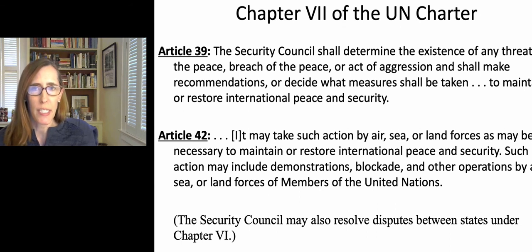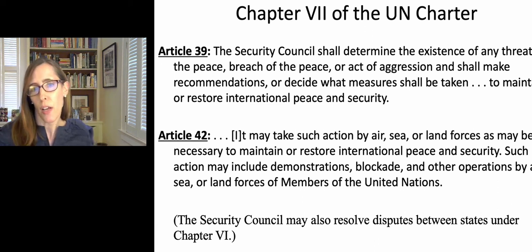So under Chapter 7 of the UN Charter, the Security Council has the power to determine the existence of a threat to the peace and to take action to maintain or restore international peace and security. So this is an exception to Article 2.4. If the Security Council, acting under Chapter 7, authorizes the use of force to maintain or to address a threat to international peace and security, then a state can take action under that resolution to the extent that it permits it.